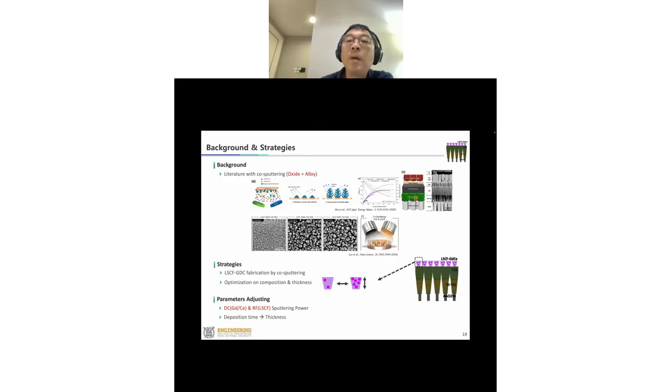So we are also referring to this work. We are now switching the yttrium and zirconia with gadolinium and cerium, and we try that not in fuel cell mode, but in solid oxide electrolyzer mode.